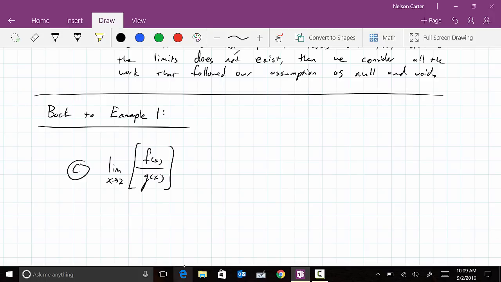The reason that that's an issue is because the limit law says that the denominator is not allowed to be 0. So since the limit as x approaches 2 of g of x is equal to 0, we cannot use law 5, that fifth limit law, the quotient law.